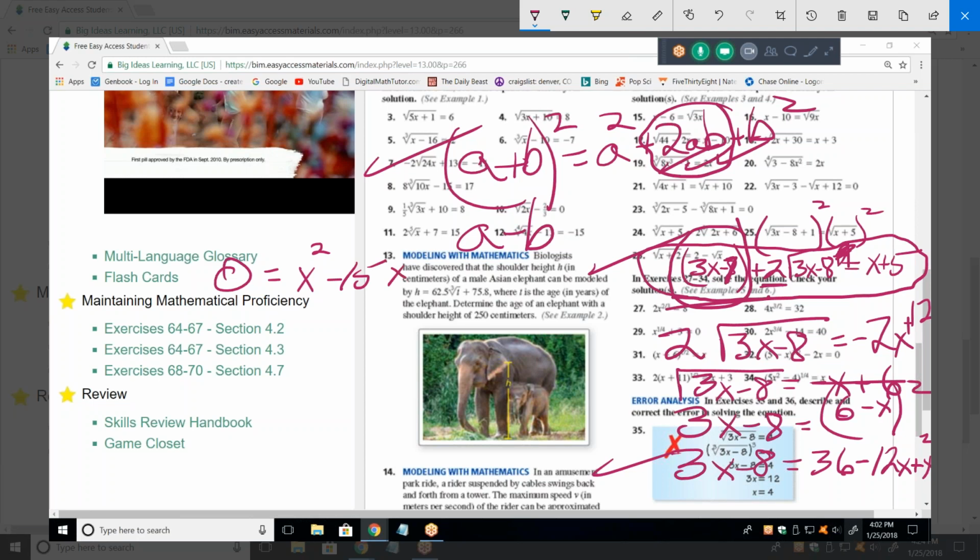Are you getting 15x? Yes. Excuse me, sorry, I had these backwards. Okay, that's correct. Minus 15x. And then what's the number? Plus 44. Okay.